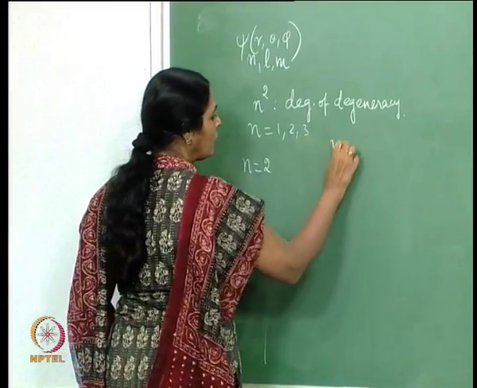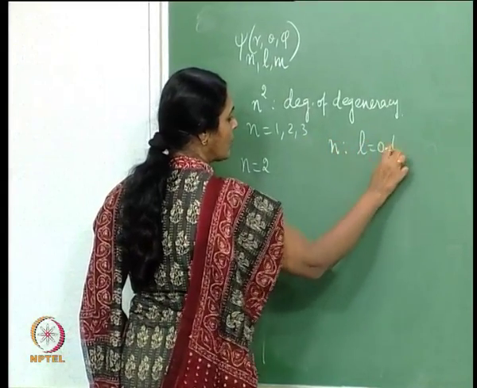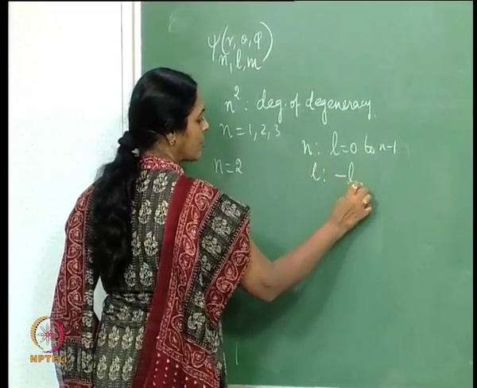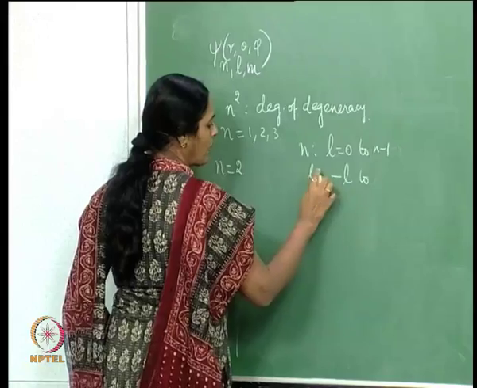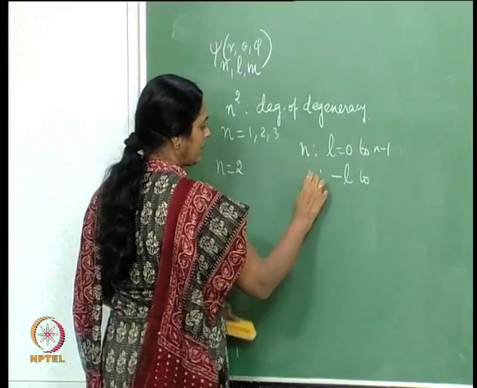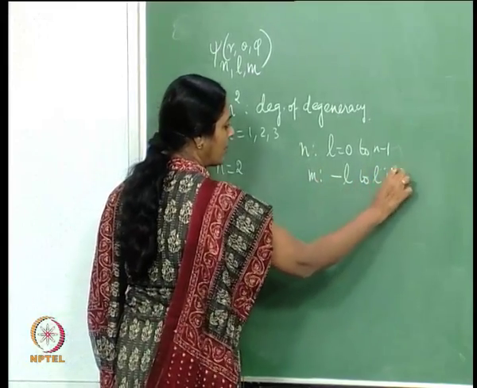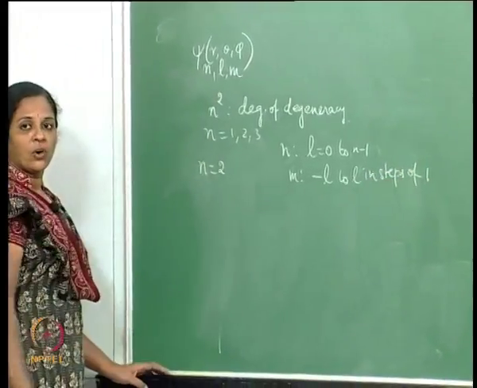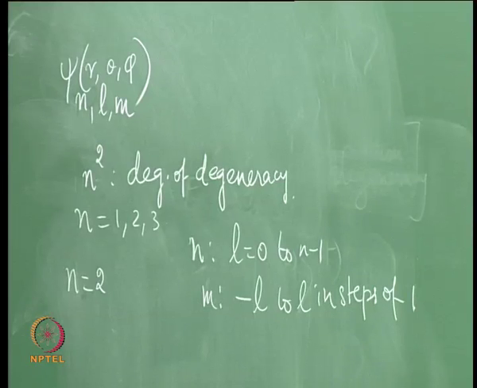for a given value of n, l takes values 0 to n minus 1, and for a given value of l, m takes values minus l to plus l in steps of 1. These you will recall from our earlier discussion of the hydrogen atom. So, if I take n equals 2, there are 4 states corresponding to this energy level.